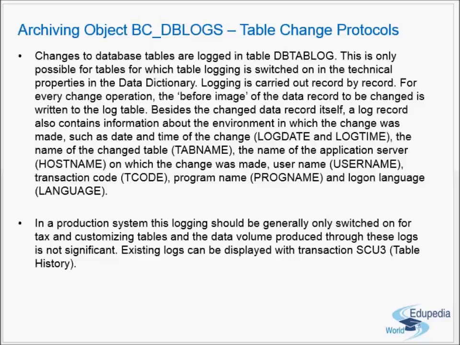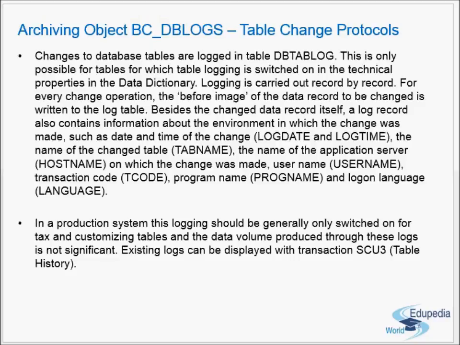the data dictionary. This can be done only when in SE11, in the ABAP dictionary, you activate table logging for that particular table. The logging is carried out record by record. For every change operation, the before image of the data record to be changed is written to the log table.